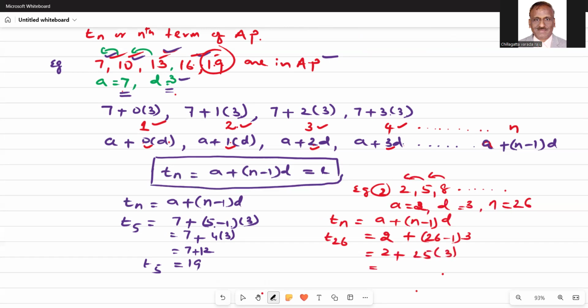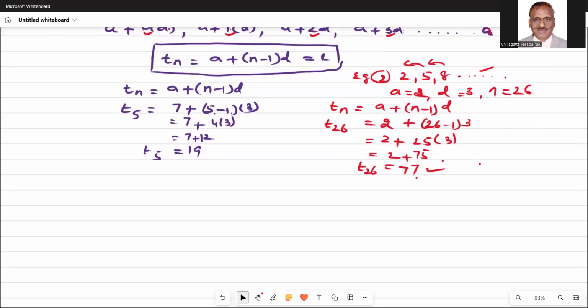That gives 2 plus 75, and 75 plus 2 is 77. That means the 26th term of that progression will be 77. So this is how this formula is used to find a particular term of the arithmetic progression.